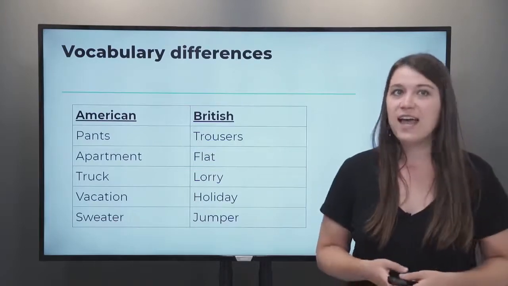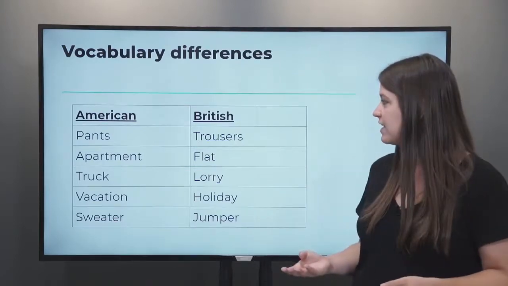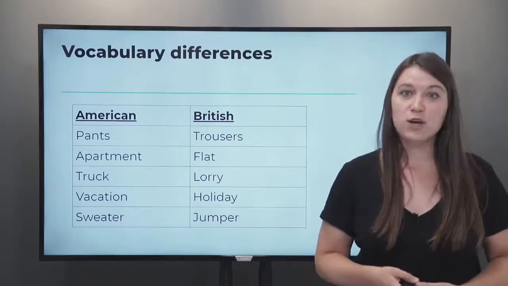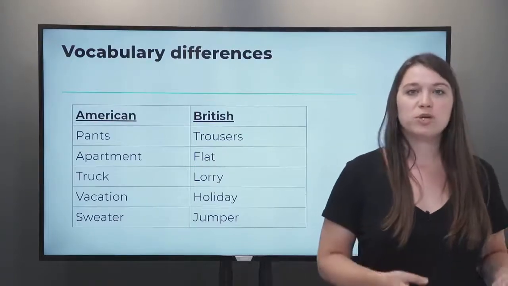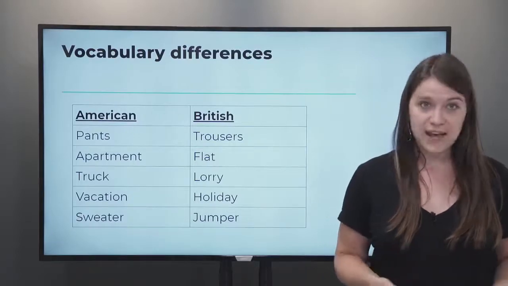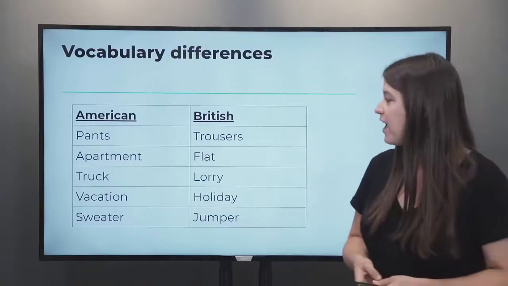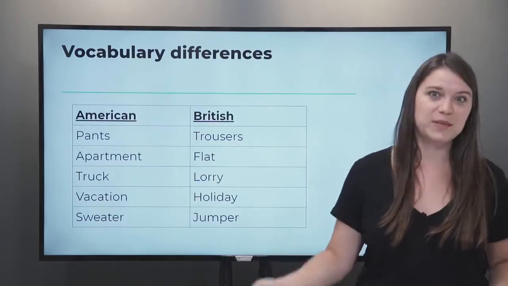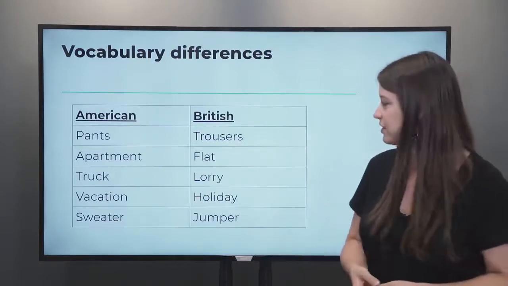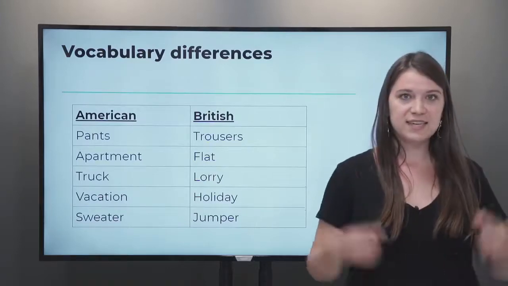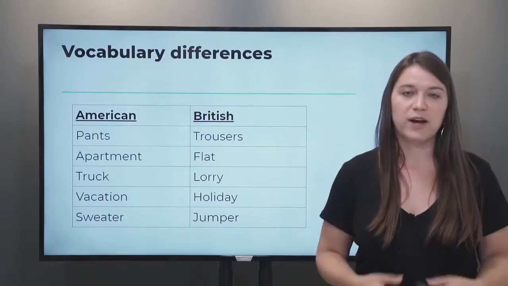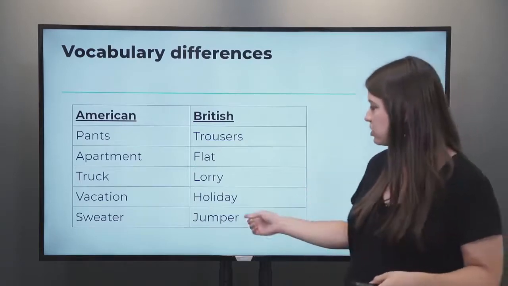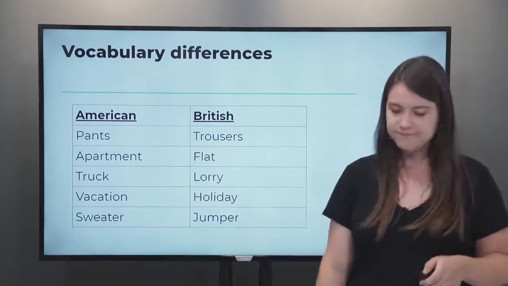A truck is called a lorry in British English. I would say I go on vacation; in British English, they would say I go on holiday. A sweater is called a jumper, which is something completely different in American English. A jumper for us is something that has two straps that girls wear, kind of like a dress but with these straps on them, and a jumper in British English is actually a sweater.